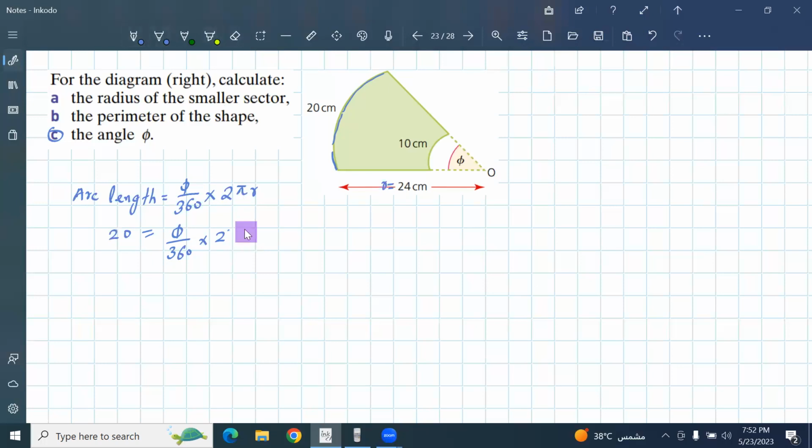So we can replace here 2 pi into 24. So next step, we try to simplify here, 180. So we have 20 is equal to phi over 180 multiplied by 24 pi. And next step, phi is equal to 20 multiplied by 180 divided by 24 pi, since 180 is in the divide position and on the other side it will multiply.